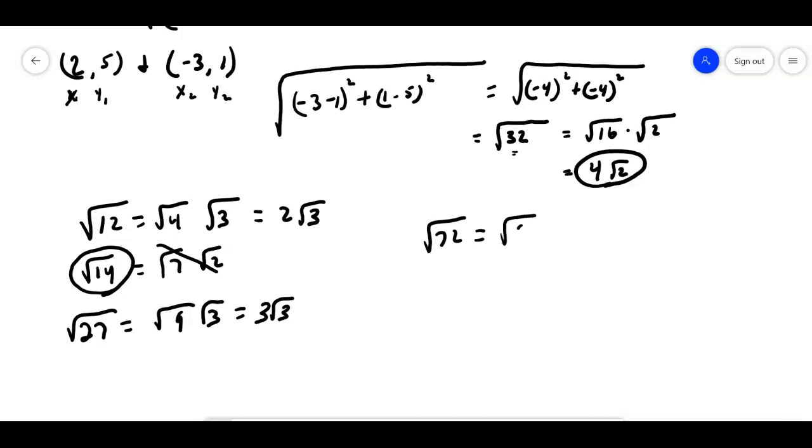And so the first thing you might think is, well, 9 times 8. And that's true. And so it would be 3 square root of 8. The problem is there's still a perfect square inside that 8. So that 8 has to get broken up as a 4 and a 2. And so now I have 3 times 2 times square root of 2, which is 6 square root of 2.